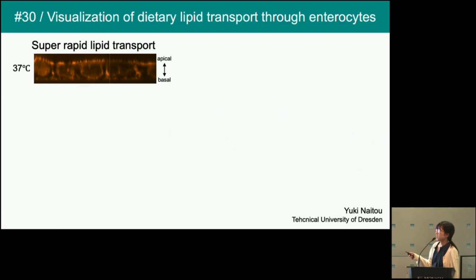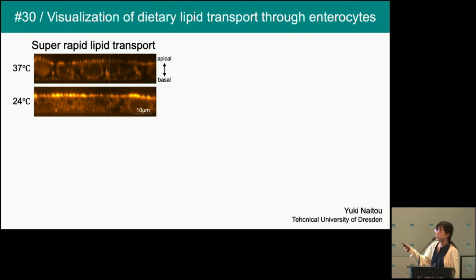And interestingly, I found that the lipid transport from apical membrane to ER is super rapid. At even 1 minute pulse of the lipid loading, those lipids are already internalized, as you can see here.